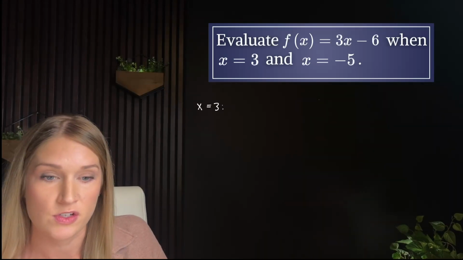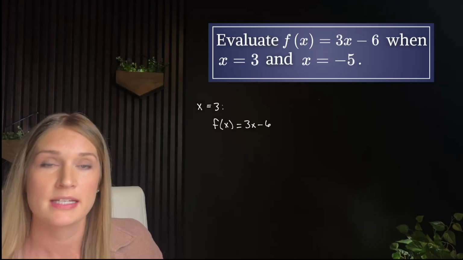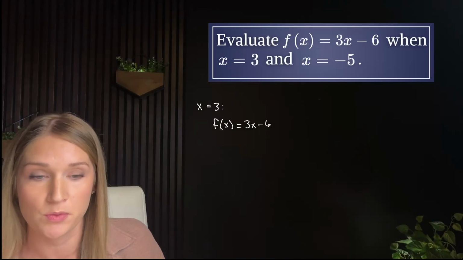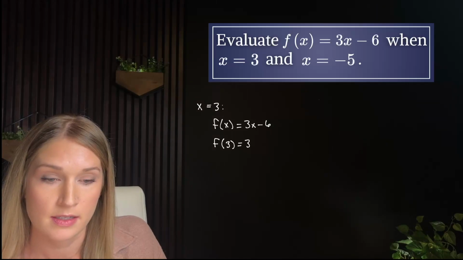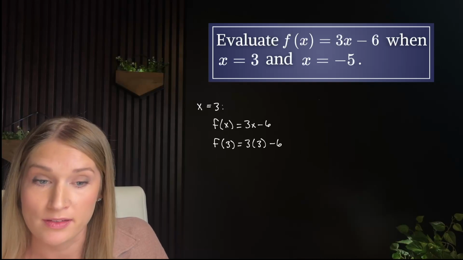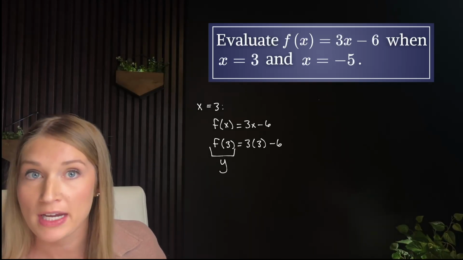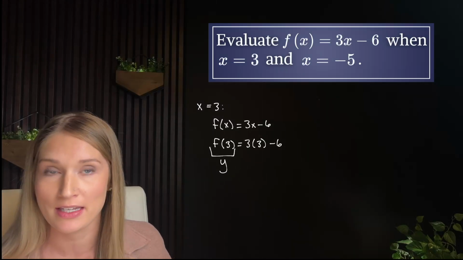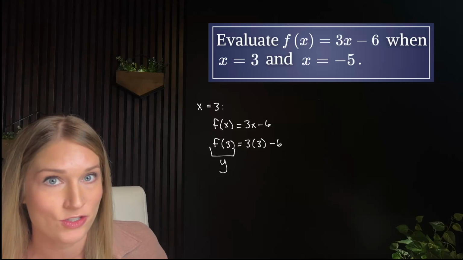I'll take my function f of x, and I'm going to replace all of the x's with my input, which is a 3. F of 3 equals 3 times 3 minus 6. And remember, on the left-hand side, this is just y, but I'm reminding you of what x value we're plugging in. So that notation is y when x is 3.